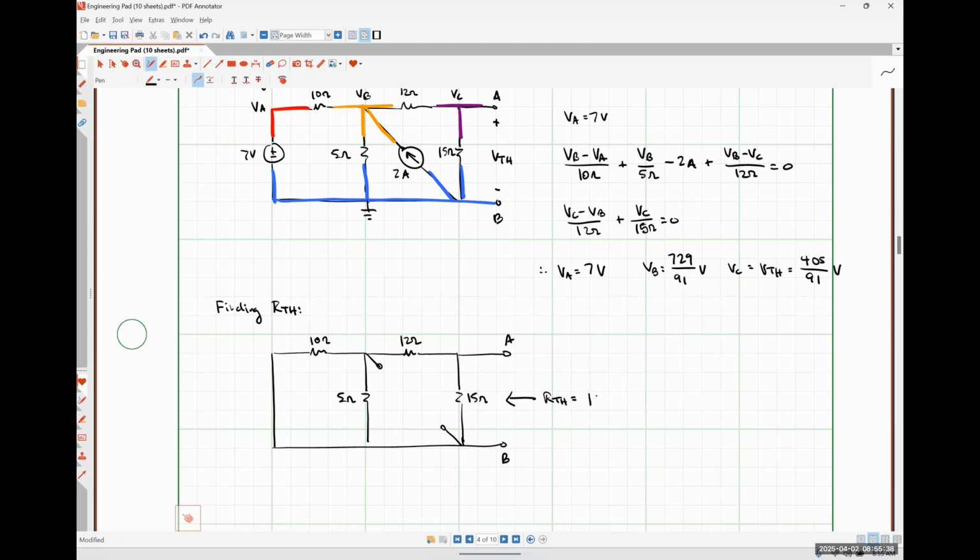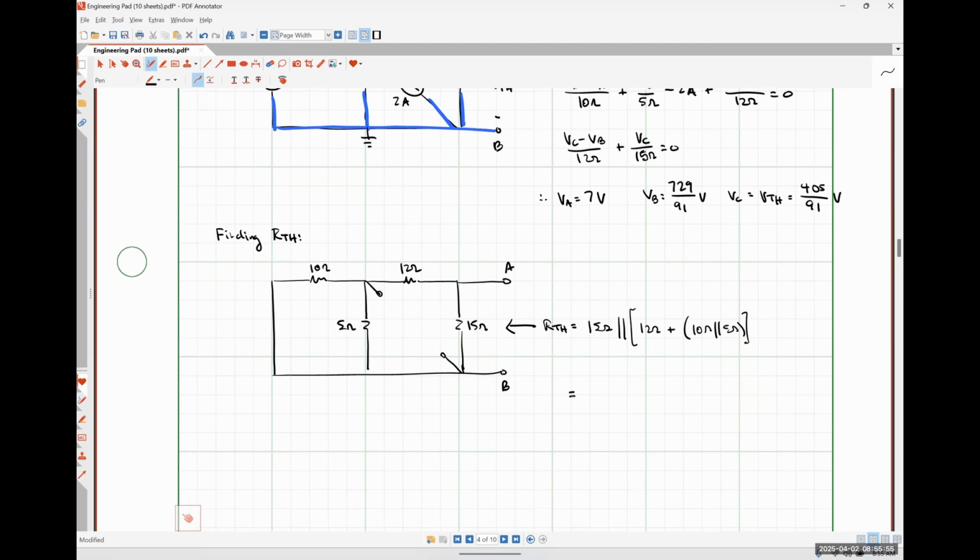So I'm saying it is 15 ohms in parallel with 12 ohms plus the parallel combination of 10 ohms and 5 ohms.